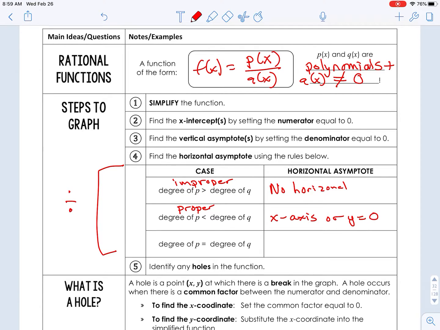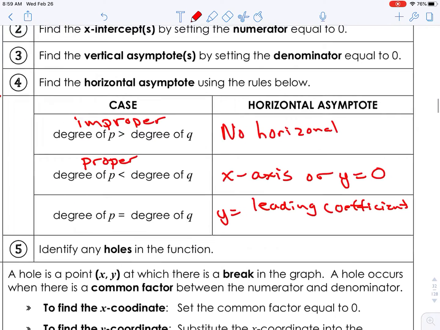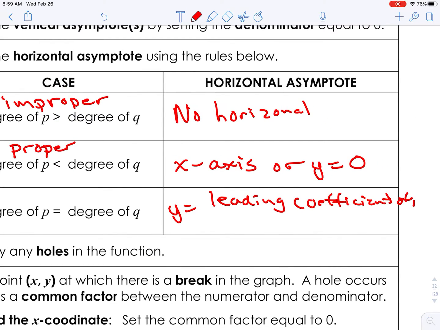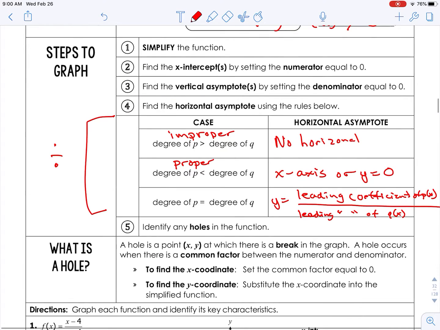And then when the 2 of them are equal, it is y equals the leading coefficient of p of x divided by the leading coefficient of q of x.